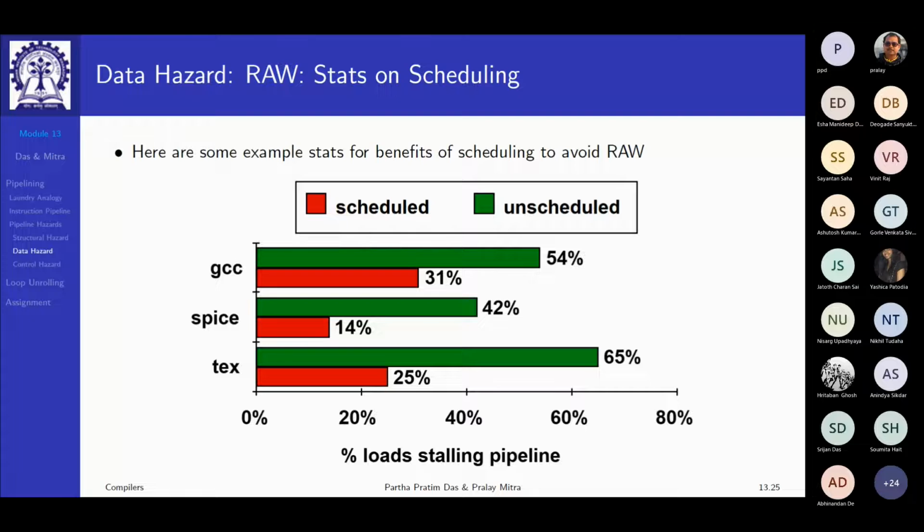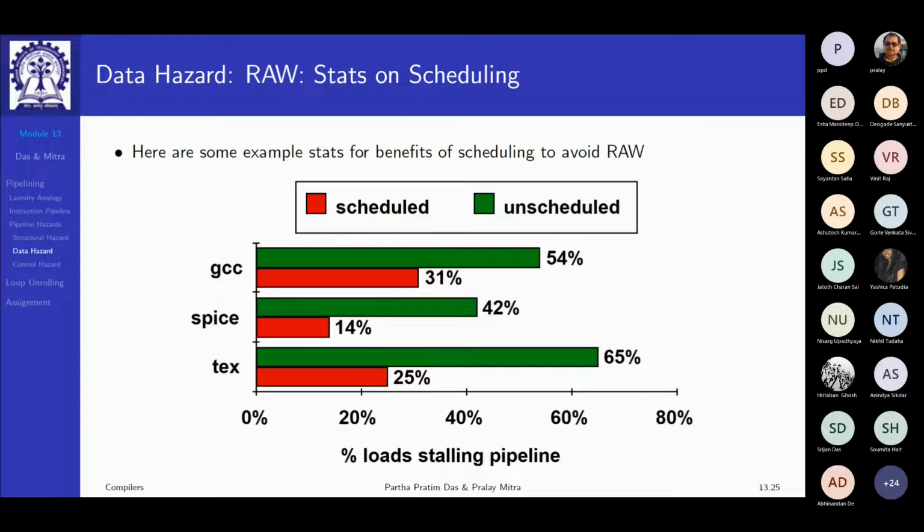So just to see the effect of the scheduling, these are some statistics carried out by people on very big codes like GCC's source code, SPICE simulator source code, and TeX source code. You can see the benefits.